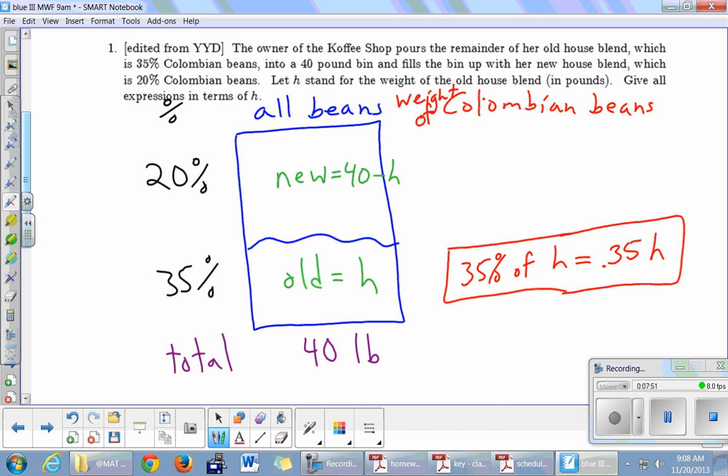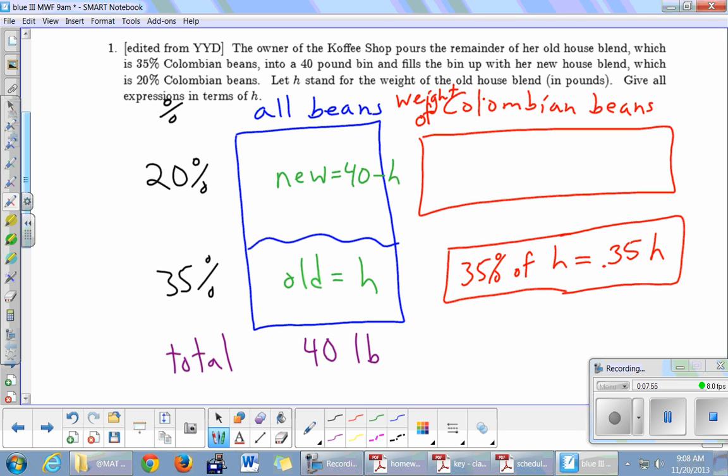We need to play the same game up with the new blend. So it was the percentage times however many pounds of beans we had. What's the percentage for the new blend? It's 20, so 20% of, what's the weight of all the beans up there? 40 minus H, right? That's the weight up there.